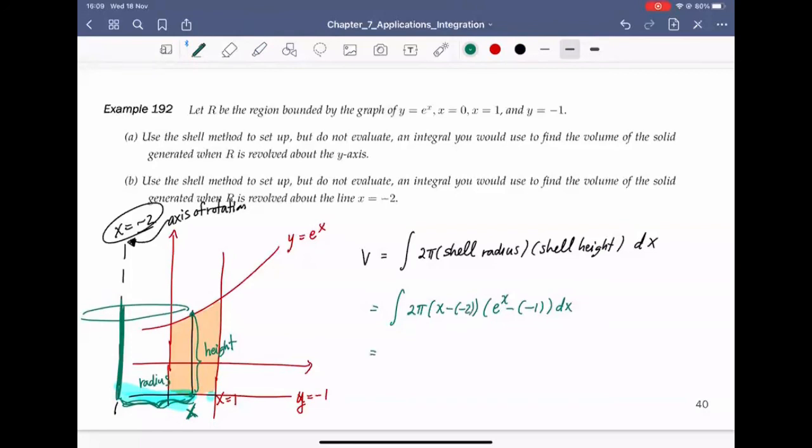And you integrate over the same interval, 0 to 1, sorry, 0 to 1, because x equal to 0 to x equal to 1. This is the interval that I highlighted in orange in the picture. All right, so we have 2 pi times the integral from 0 to 1 of (x plus 2) times (e to the x plus 1) dx.